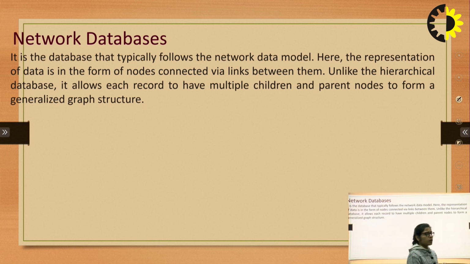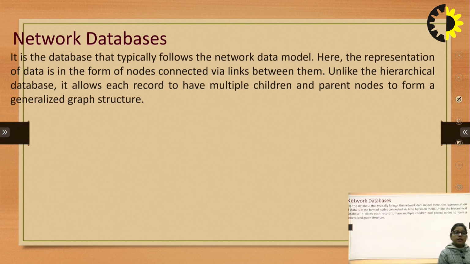Next one is network database. This database typically follows the network data model. Here, the representation of the data is in the form of nodes connected via links between them. It's basically similar to a network. Like one node is connected to another node, and that node is connected to another node, and this process goes on.